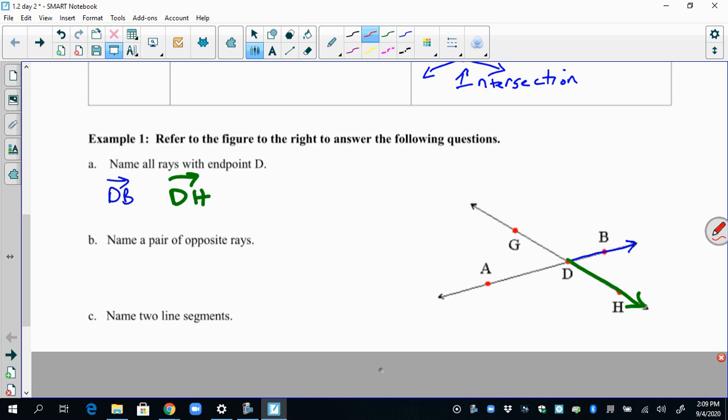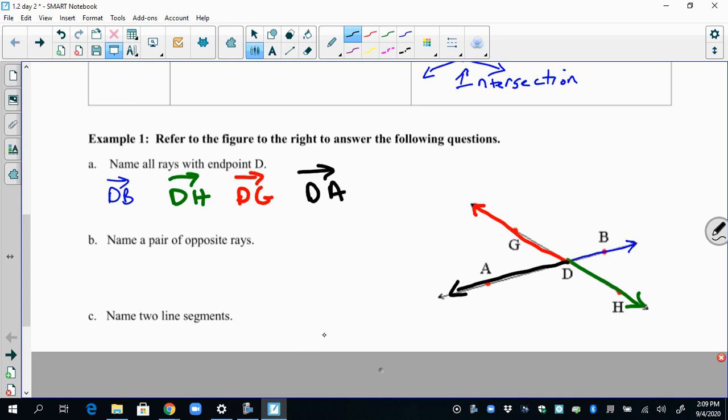I could start at D and go through point G. There would be ray DG. And the last one would be ray DA. Four different rays with endpoint D.